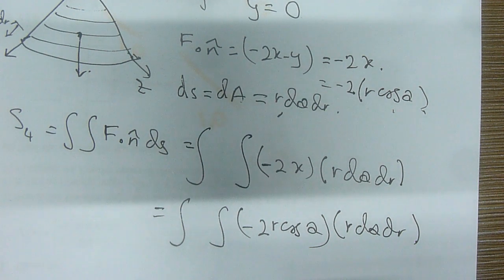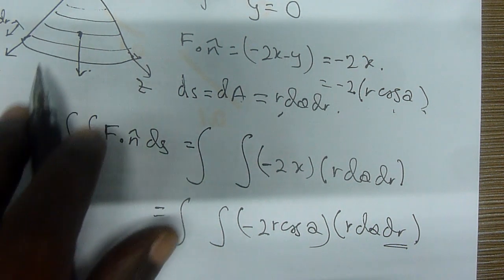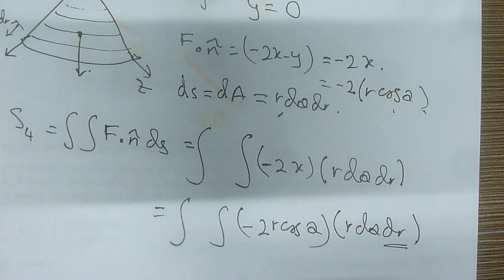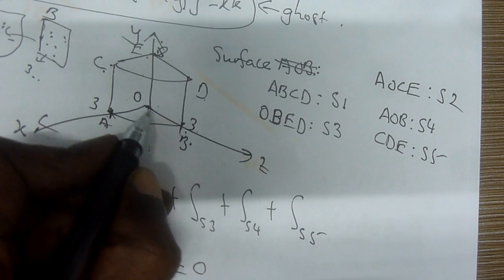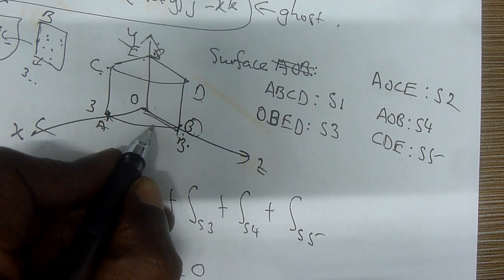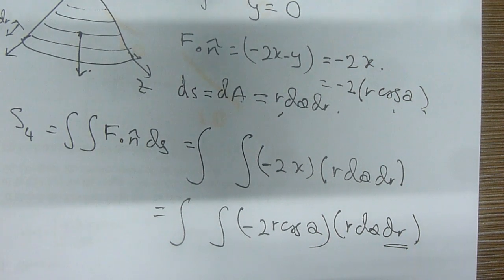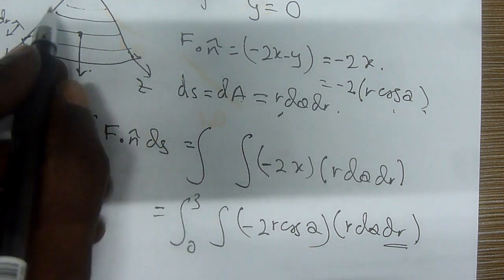The next thing here, what is dr? What is the r here? Can you see this? r is 3, right? But we are moving inside, so r is changing from 3 to 0. What about theta?